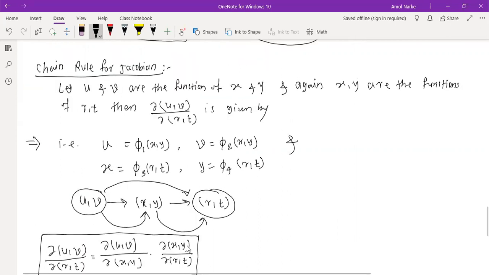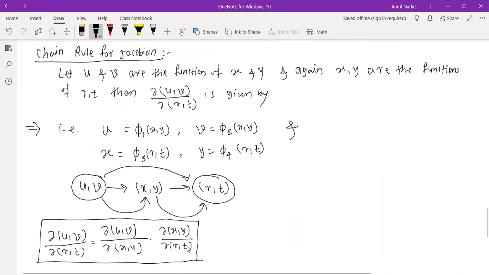So see, check it out here. Very simple. Whenever u and v are functions of x and y, and x and y are functions of r and t, you can easily apply this.